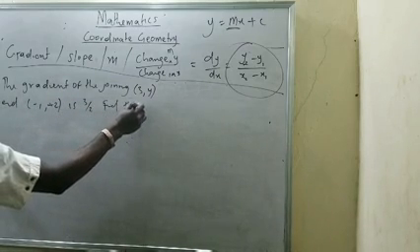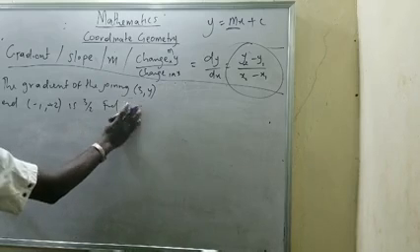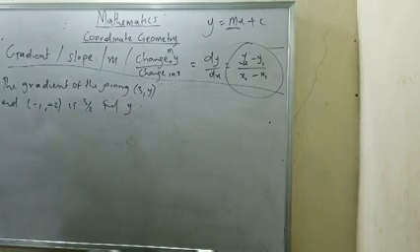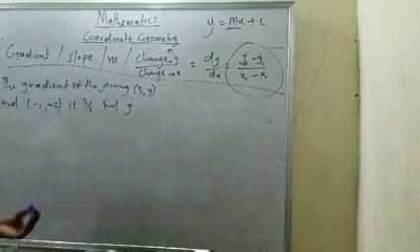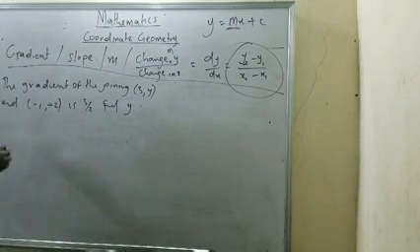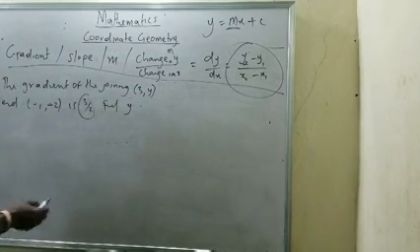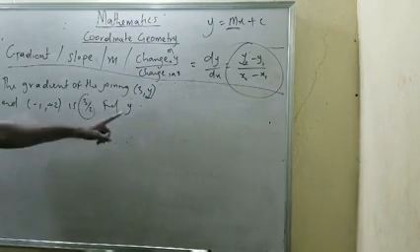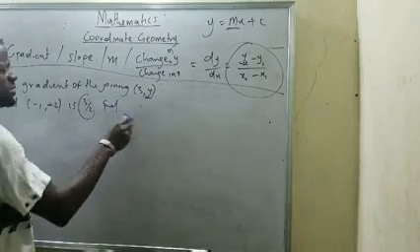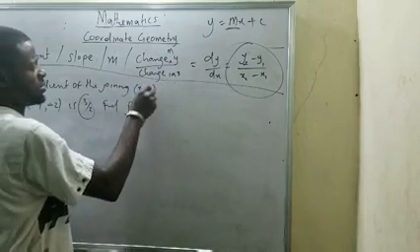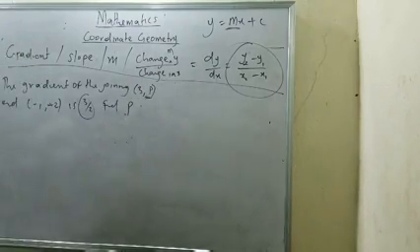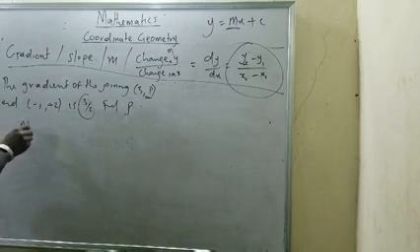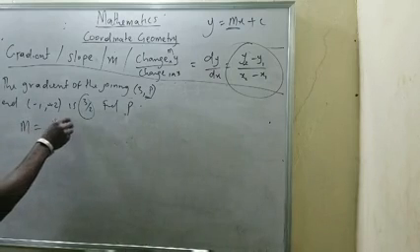Find y. If I have to find y at this point, you should know that you have your gradient, and these are your coordinates. It means something is missing, which let me call P to avoid problems. Find P. I'll be talking about m equals y2 minus y1 all over x2 minus x1.